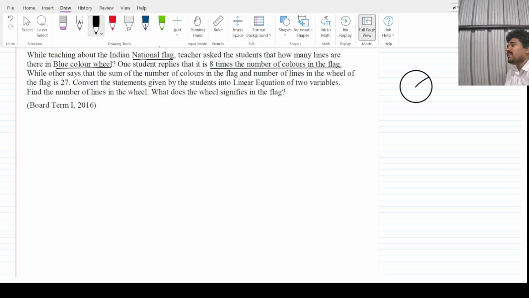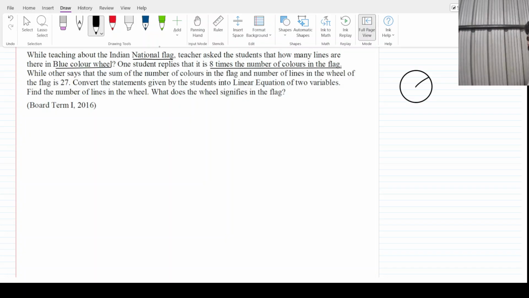How many colors are there in our flag? You should not count the blue color. What is our flag name? Tricolor. Yes or no? You understand? You should not count which color? Blue color, do not count. Understand? Let's see now.